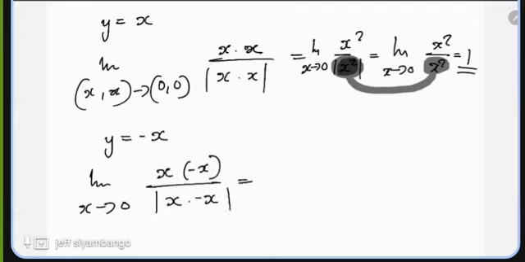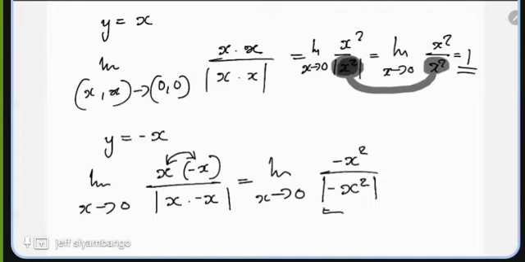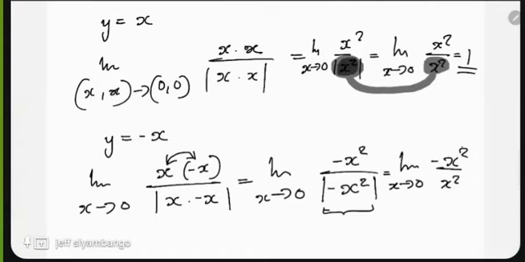Now when I multiply this and this, I'll get negative x squared. In the denominator, I'll get the modulus of negative x squared as well. But the modulus will tell us to just ignore the negative. So x approaching 0 of minus x squared over x squared. Do you agree? Yes. So here now, this cancels, leaving the answer as negative 1. Do you agree?